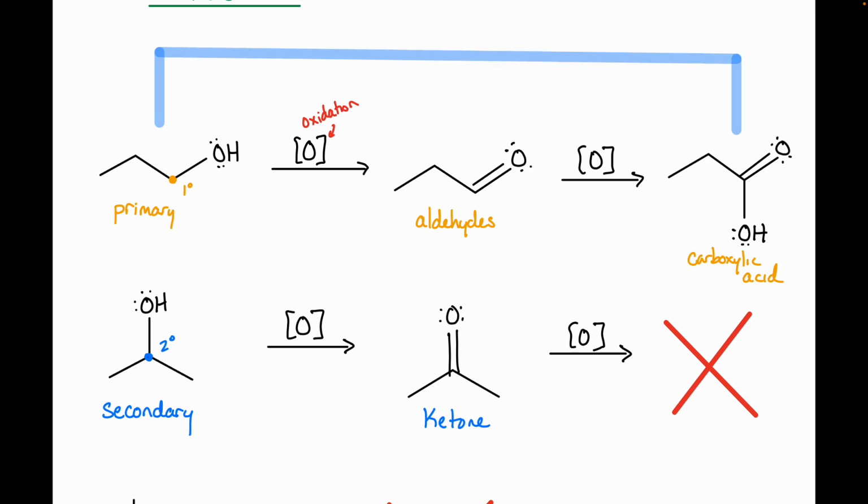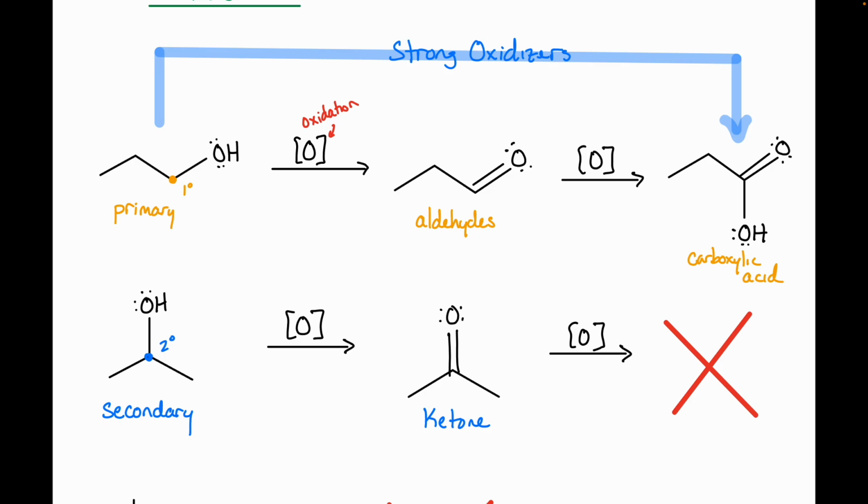It just blows completely past it to fully oxidize this compound to a carboxylic acid. So that's what one of our strong oxidizers will do. They will convert alcohols all the way to carboxylic acids.